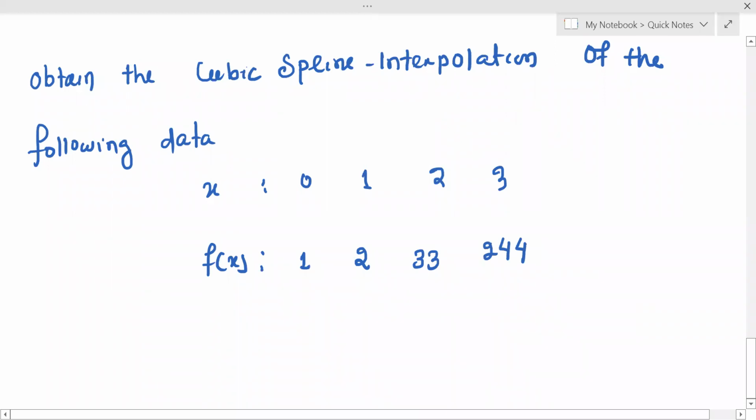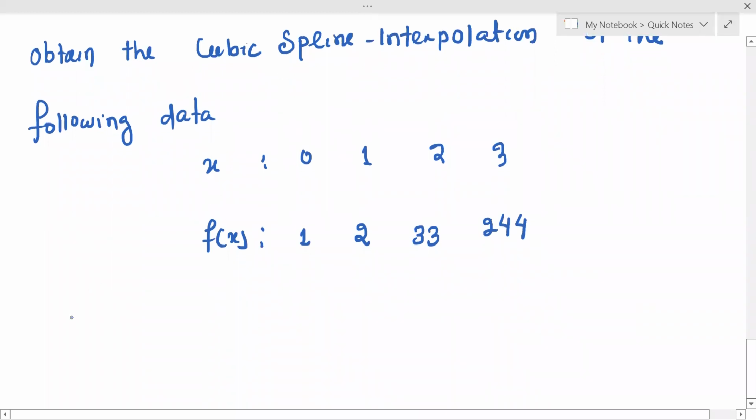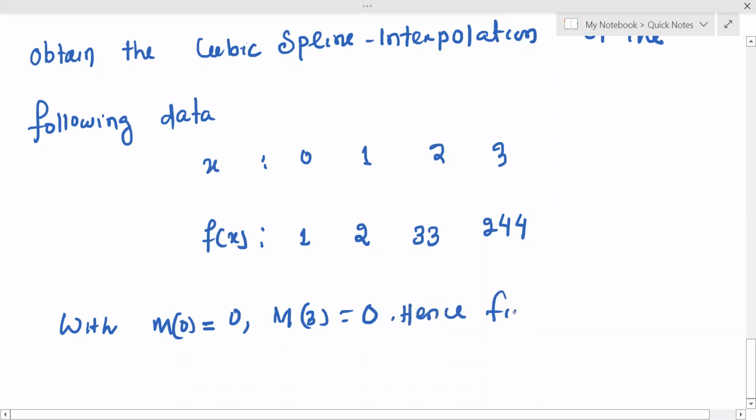With m0 is equal to 0, and capital M3 is equal to 0. Hence, find an estimate of f 2.5.